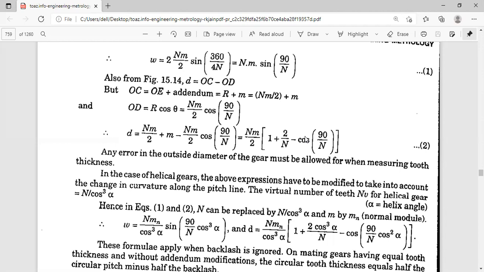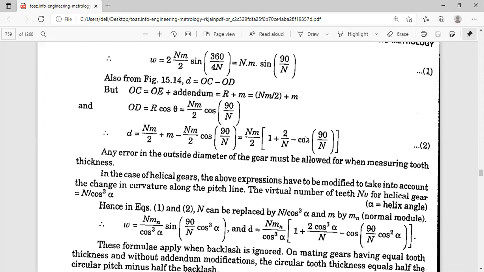If you commit one mistake on the horizontal vernier, it will reflect on the vertical vernier. And if you are not setting that particular H or W or D on the vertical vernier, it will reflect on the tooth thickness. That's why this is not so accurate when compared to the constant chord method or the base tangent method.